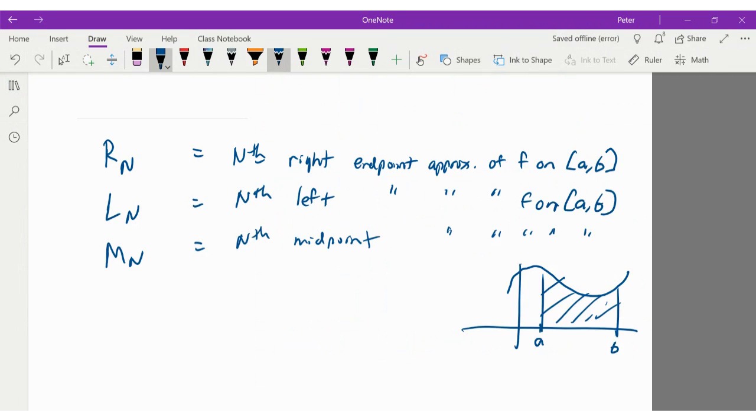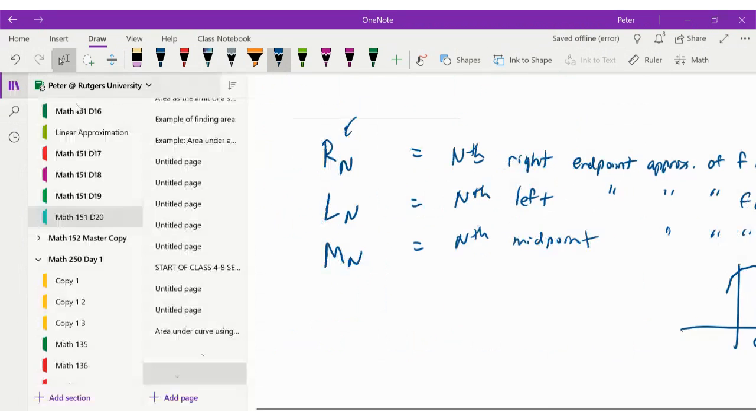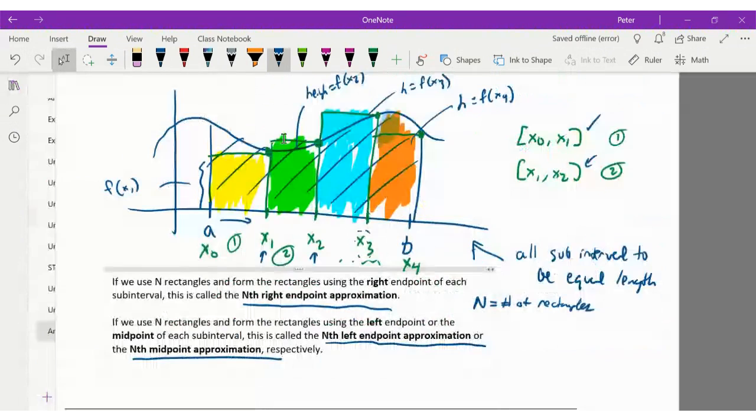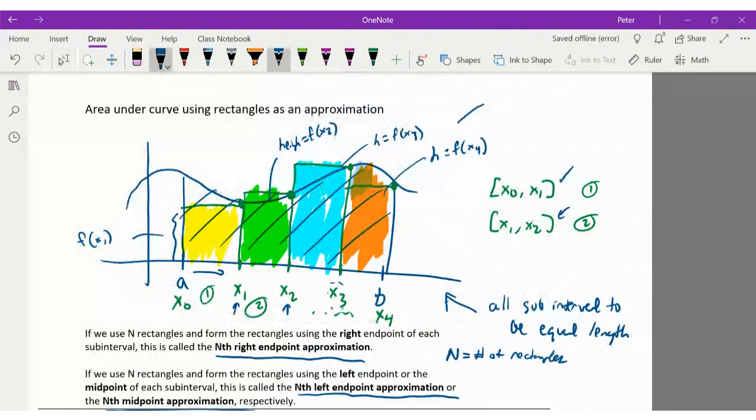So even though this symbol Rn does not include the f or the AB, that's implied. In other words, I have to say what Rn is for a particular combination of f and AB. Going back a minute, this is a picture of R4 for f of x on the interval AB. So that's how you use that notation.